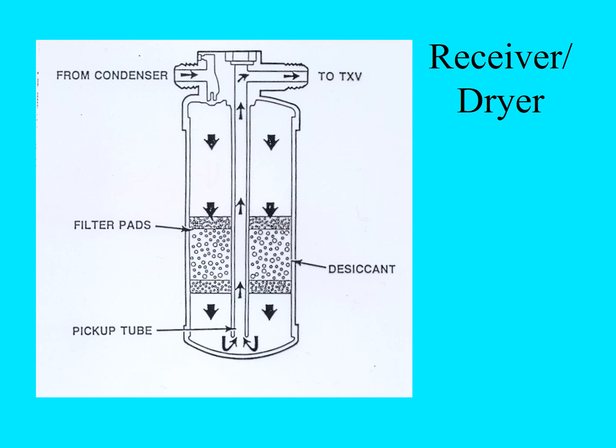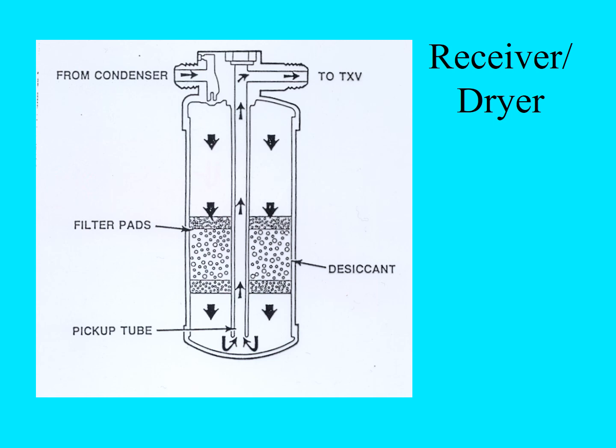The receiver dryer sits in between the condenser line and the TXV valve. This is the receiver dryer. Since the TXV valve works best with liquid refrigerant, this is going to be the catch basin on the high pressure, high temperature side, to catch any vapor that may have come out of the condenser, so that all liquid would get to the TXV valve.